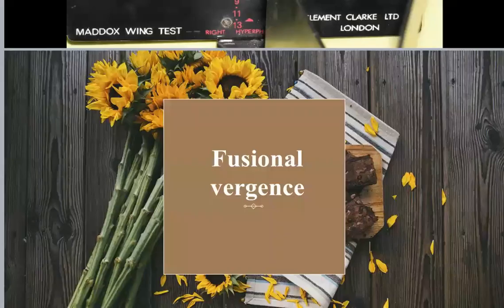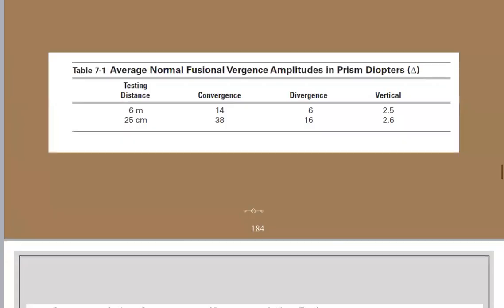Okay, I do have various levels and various amounts of vergences. Look at this one here. The convergence is the highest one, and after that it is the divergence, and the vertical is the lowest. So for far, the convergence is 14 prism diopters, and for near it may reach 38 prism diopters.